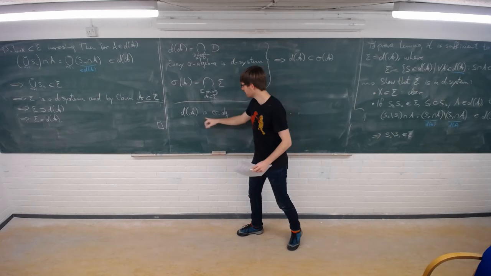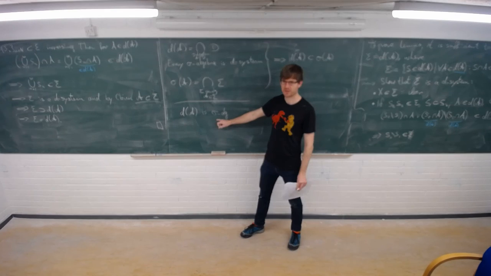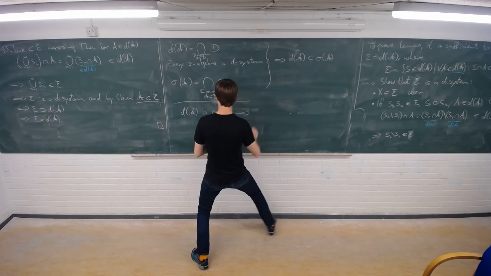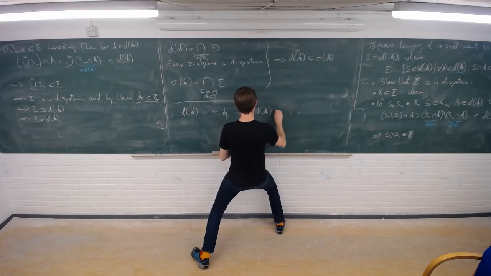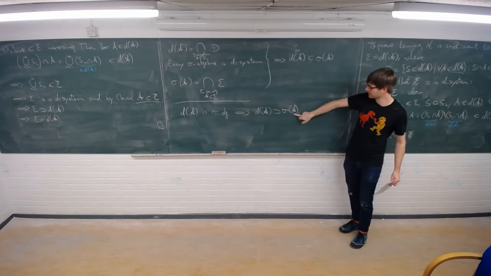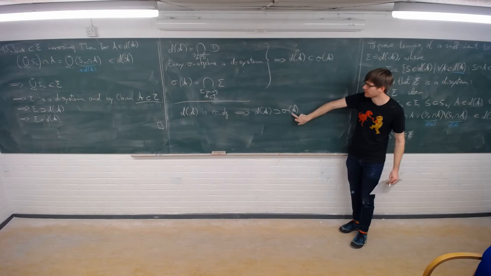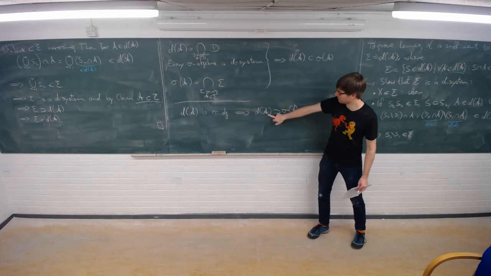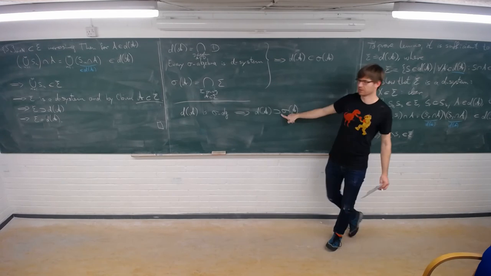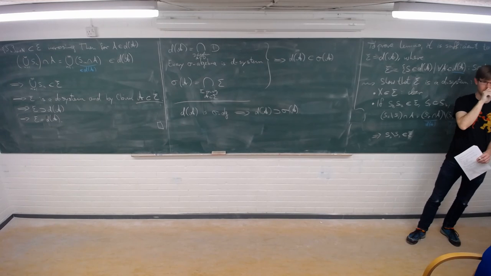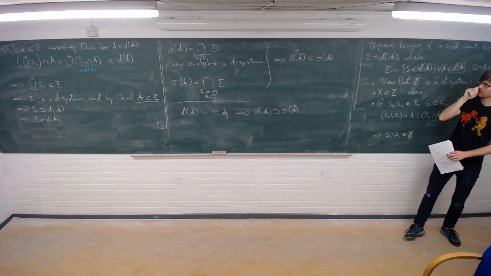Now if D of A is a sigma algebra, then it has to contain the sigma algebra generated by A, because the sigma algebra generated by A is the smallest sigma algebra containing A. So from this, you get the other inclusion. Was that clear? Okay.